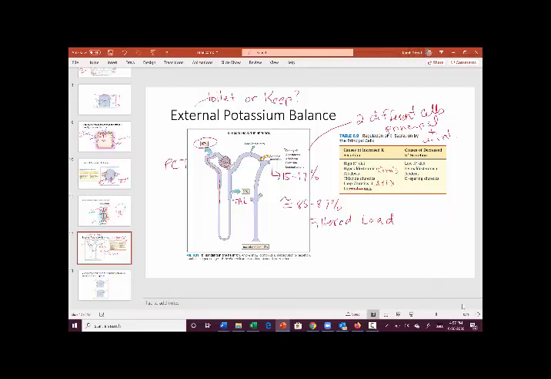And in order to excrete it, we also probably need to secrete it as well when we're talking about the late distal convoluted tubule, again, the variable region. Therefore, an important side effect of diuretic therapy is hypokalemia.